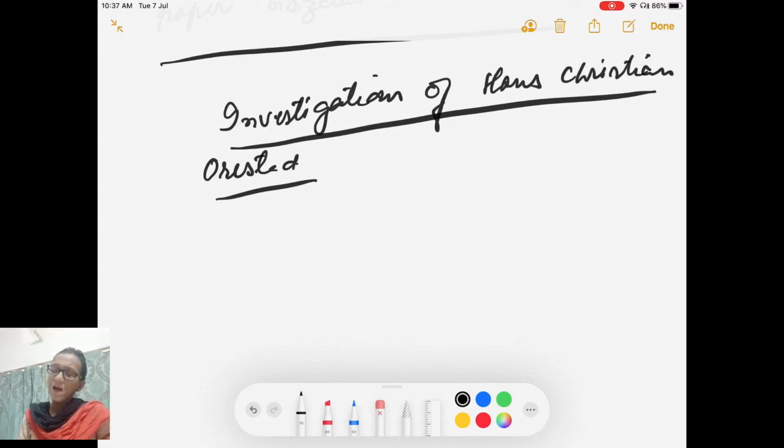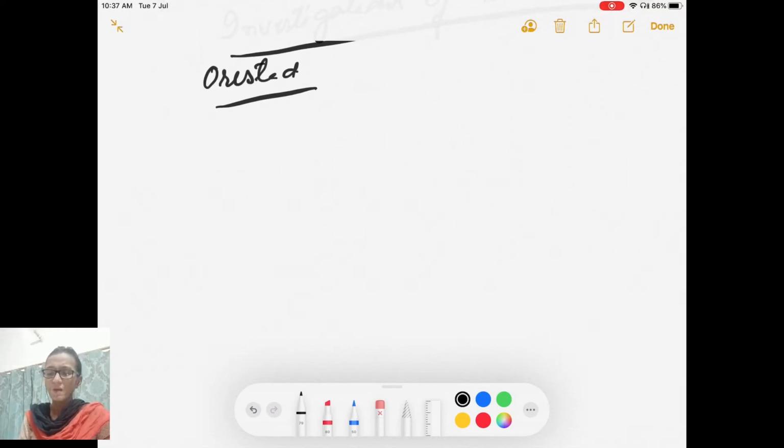So we start with what Hans Christian Oersted investigated. He found that when the magnitude of current is increased, the deflection of the compass needle placed nearby is increased. So this current-carrying conductor has some effect at each nearby point, so a field is created, and the deflection will obviously depend on the strength of the field.